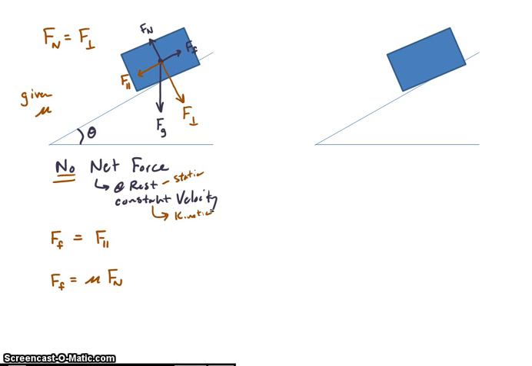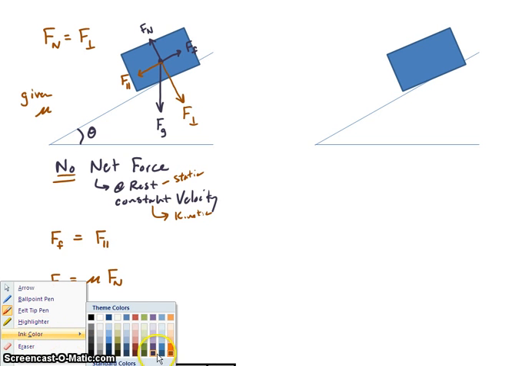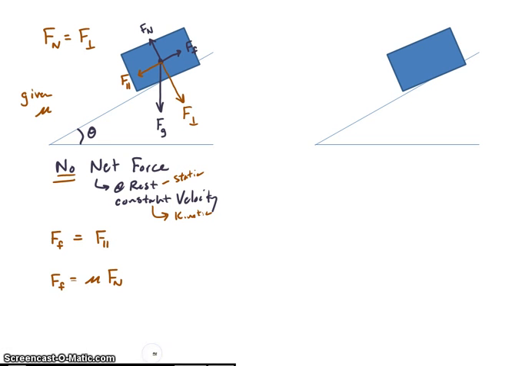Okay, now what we like to do is look at the other situation, and our other situation is the one in which the block now has a net force. So there is now a net force, which means acceleration.